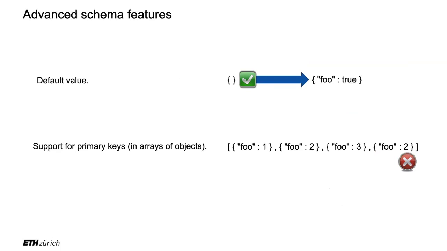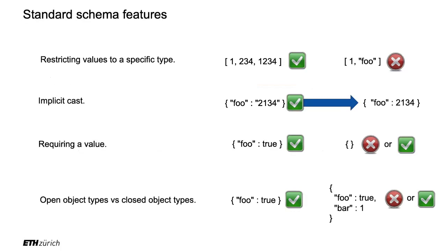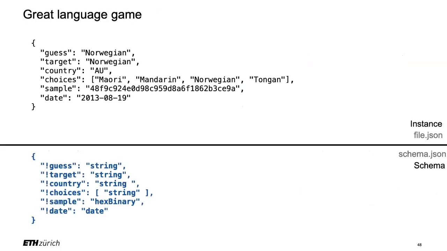If a key is missing, then I can automatically populate it with some default value. And I can even have primary keys. For example, if I have an array of objects, then I can say that one of the keys cannot be repeated. For example, the social security number, if you have an array of persons, then I can restrict that the social security number cannot repeat. Okay, that's just a couple of examples of what you can do.